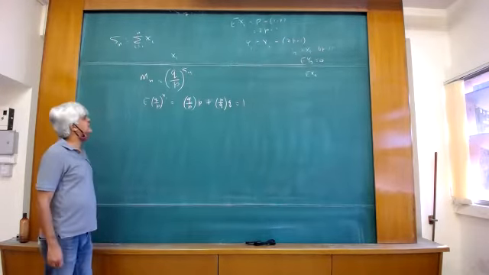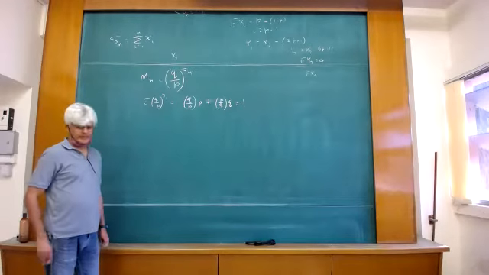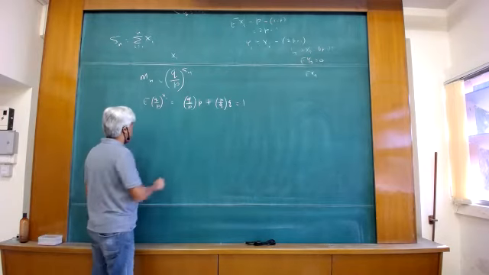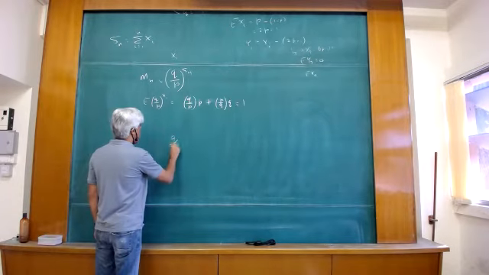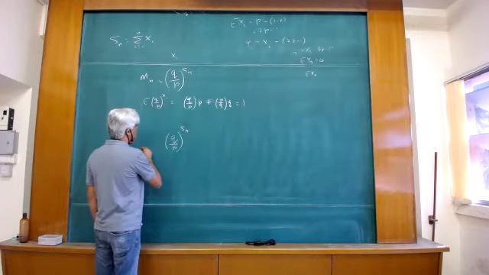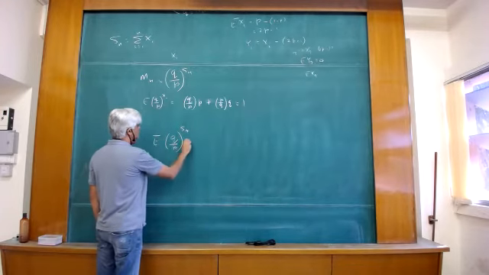With this martingale, now tau is what it is. So I'm going to look at E of (Q/P) to the power S tau, and that's going to be equal to 1.